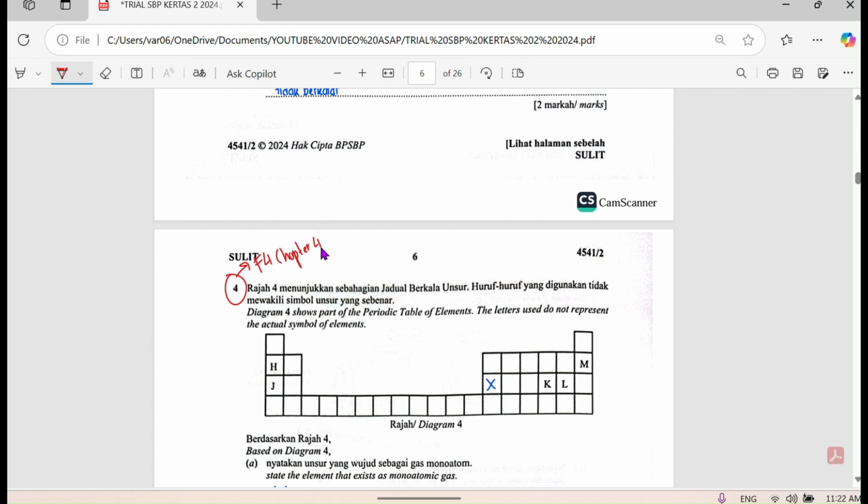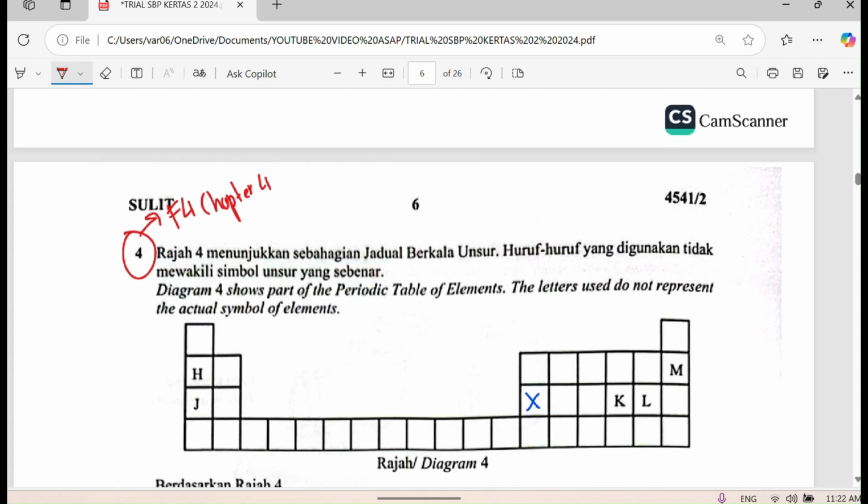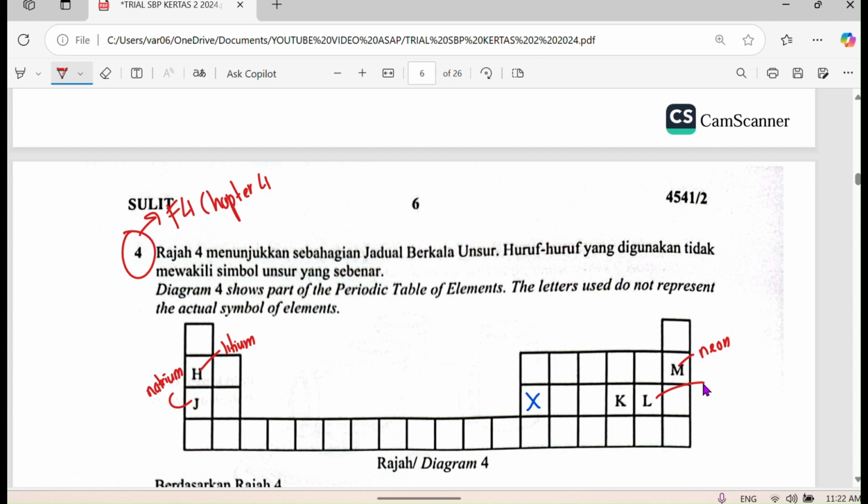So now let me write this, the unsur, the actual element of it. Okay, so your H is lithium, your J is natrium, it's sodium in English. Your M here is neon. Your L is chlorine.